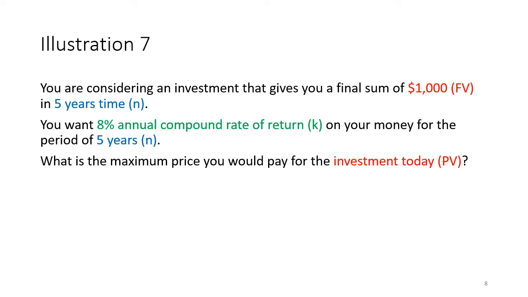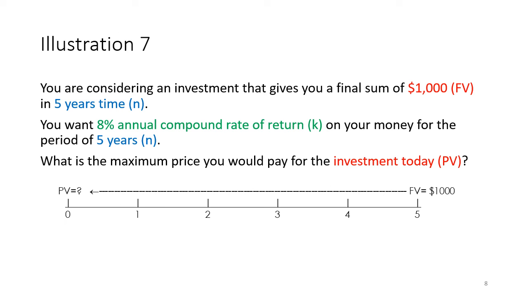What is the maximum price you would pay for the investment today? Take note, investment today. So this is the timeline we've drawn for you. This time around we're finding present value, PV. So we'll find PV.